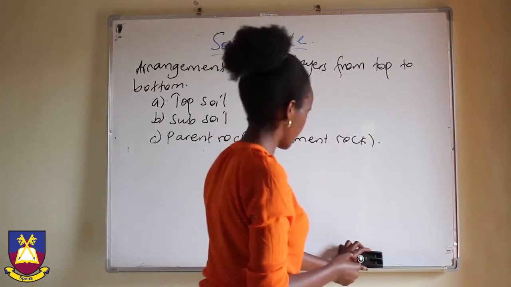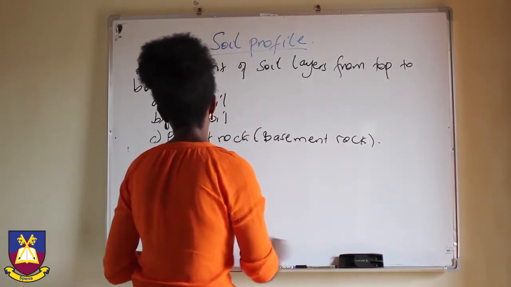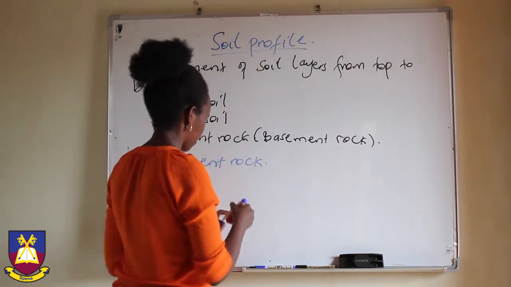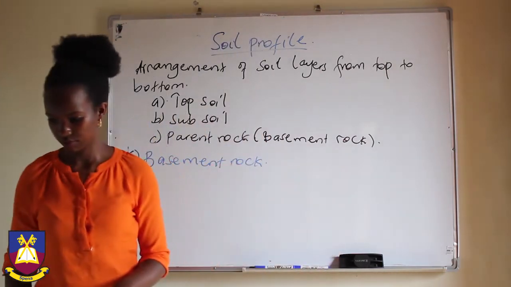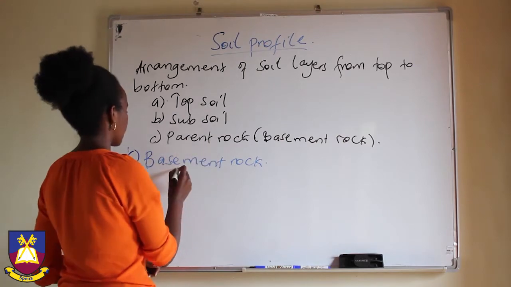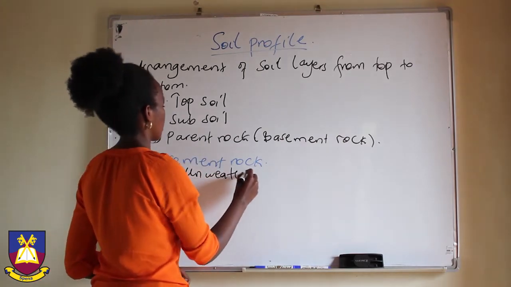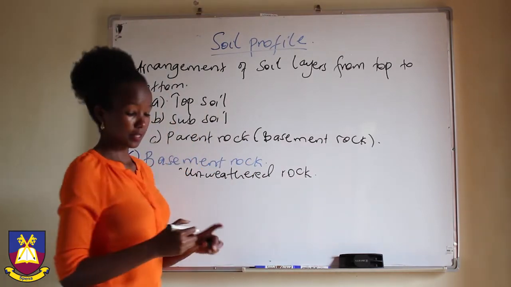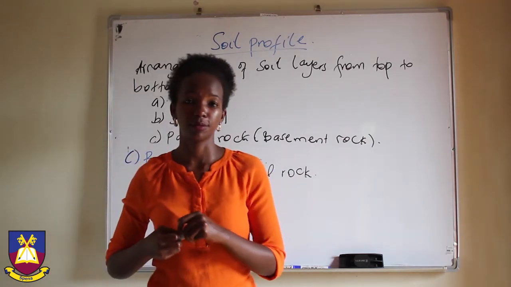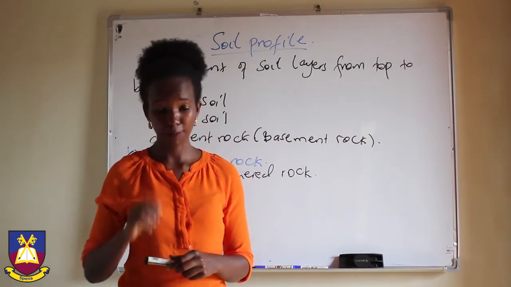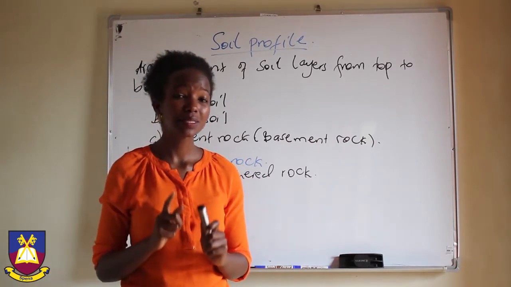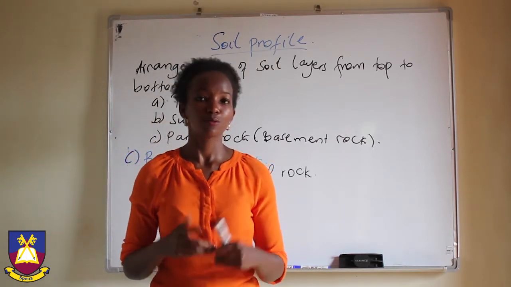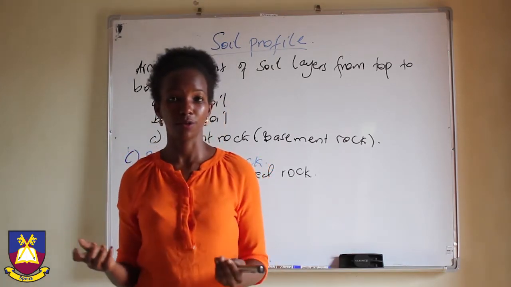Let's talk about the basement rock. By that we mean the rock that has not been broken down to small soil particles. It's actually the most important part of the soil because it determines what type of topsoil we're going to have.